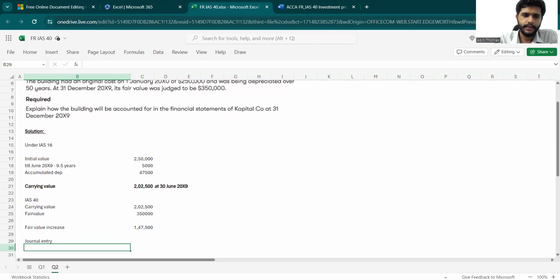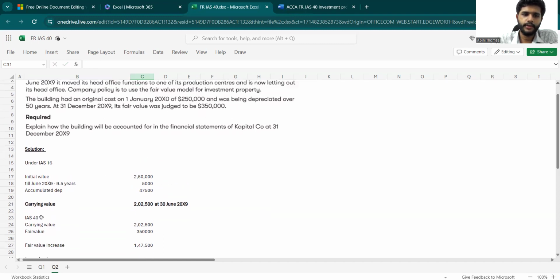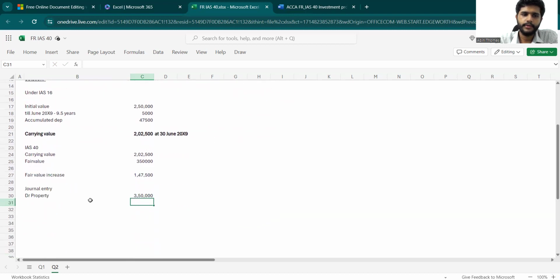We debit the investment property at 350,000, because under IAS 40 we should carry the value at each reporting date at fair value. The fair value is 350,000. And how will the split go?